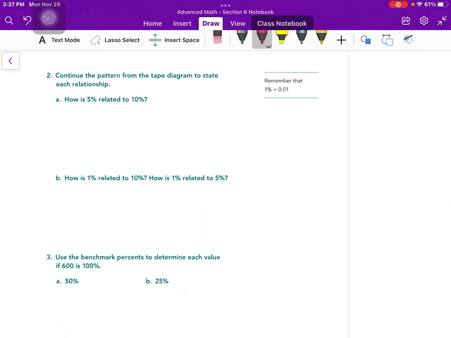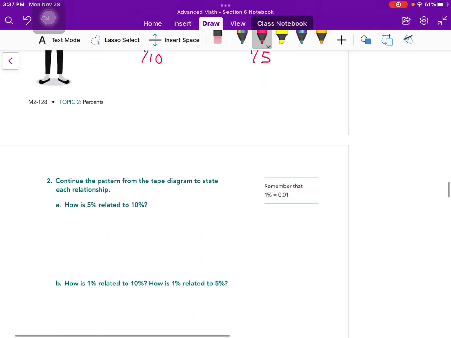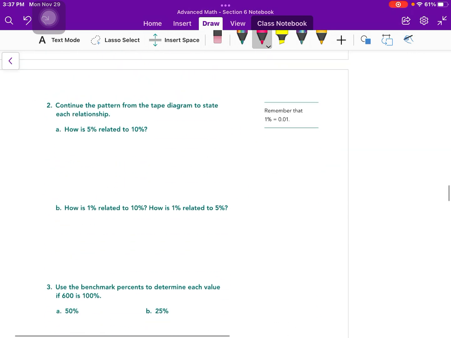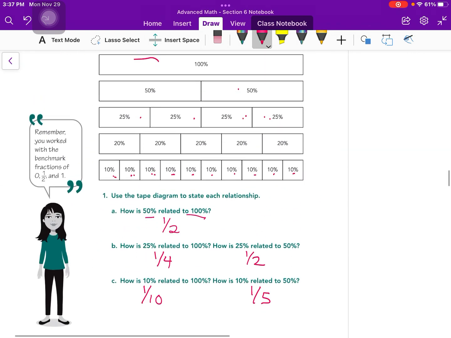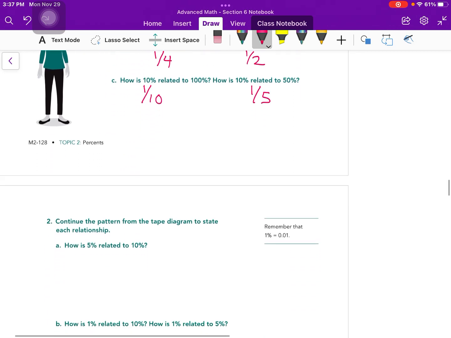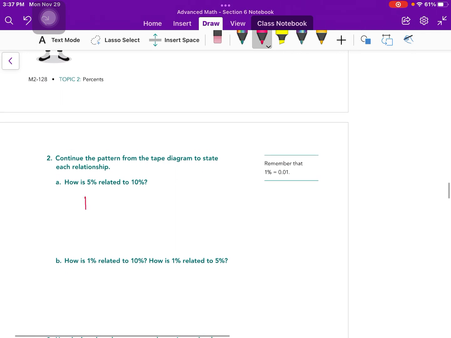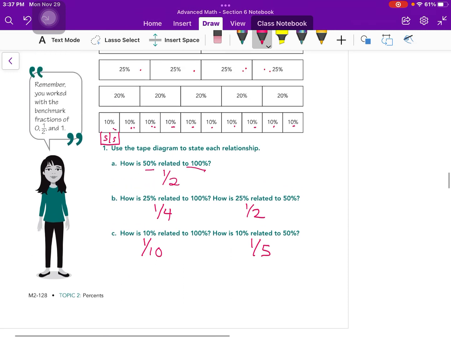Continue that pattern from the tape diagram to show how 5% relates to 10%. Well, 5%, if I added those, would be down here, 5 and 5. So 5% is half of 10%. And how is 1% related to 10%?